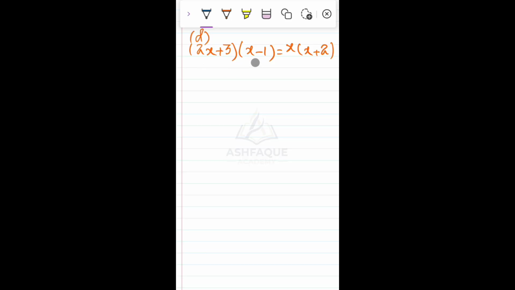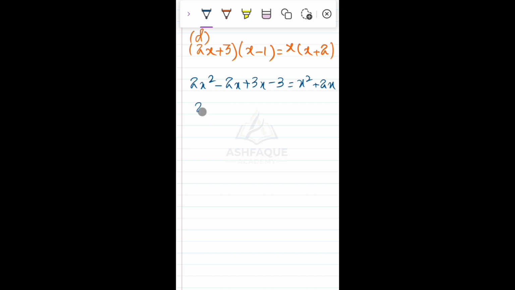Next question: 2x plus 3 into x minus 1 is equal to x plus x into x plus 2. First of all, we have to solve the brackets to get the quadratic equation. So it will be 2x square minus 2x plus 3x minus 3 is equal to x square plus 2x.